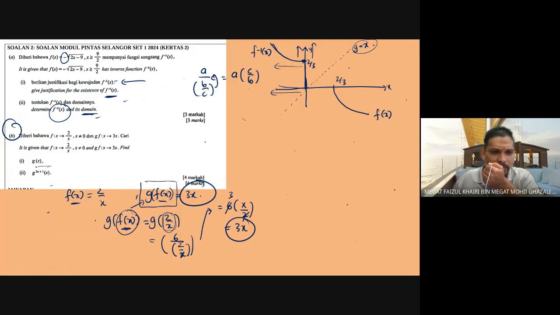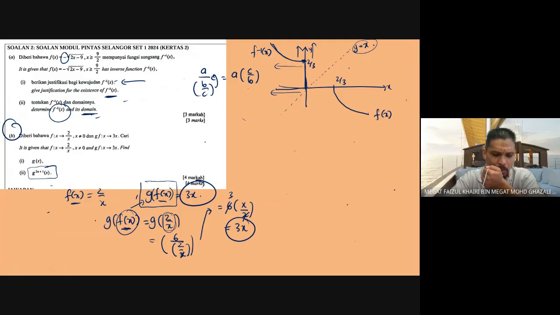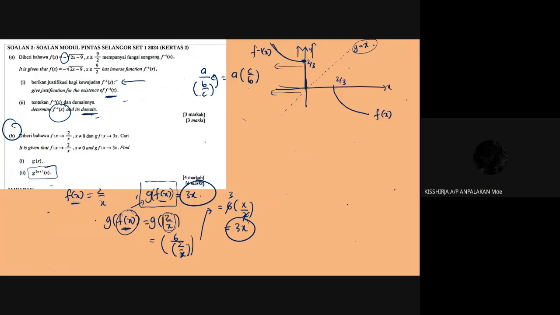Okay, how do you define this? 2n plus 1. 2n plus 1 is always odd numbers, right? Yeah.